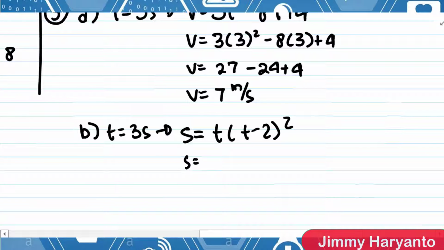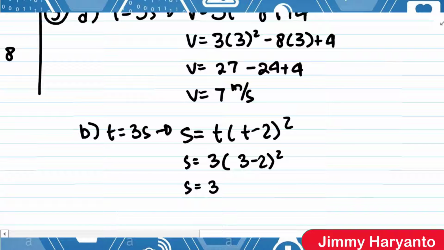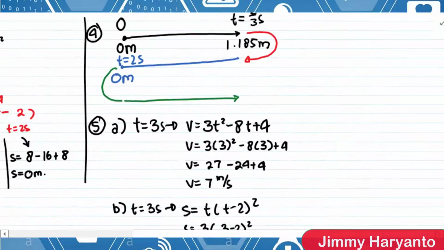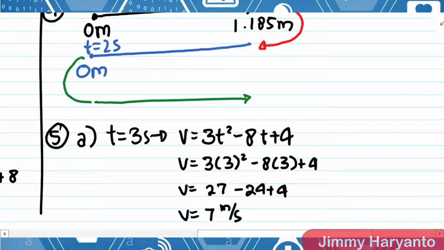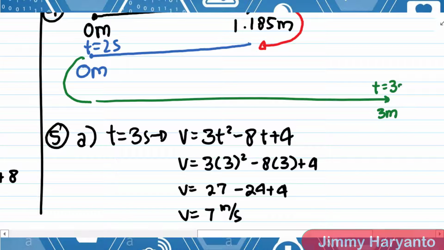So this is the equation. You can put the 3 into the equation like this, and then you will have the answer 3 meters. So after it takes a U-turn at 2 seconds, it will reach the 3 meters when the time is 3 seconds.